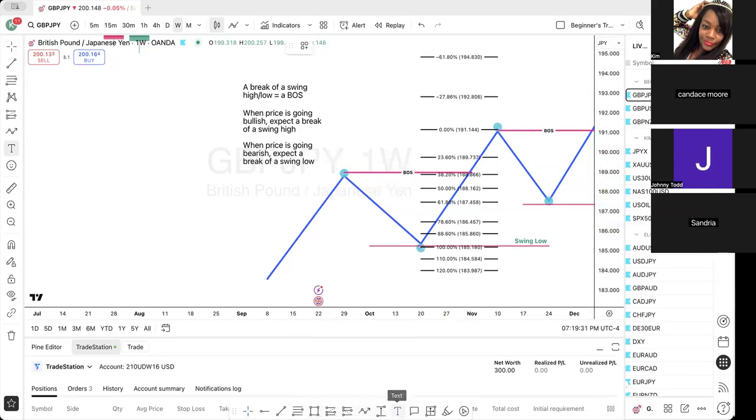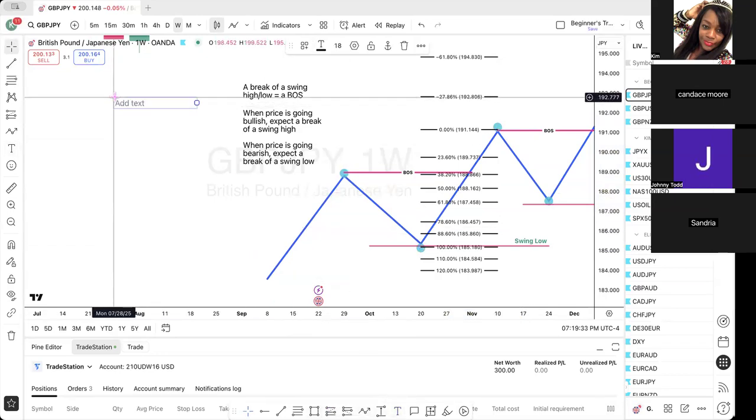let me write this. If you're bullish, once you get a break, and I usually just say BOS, a break of structure, look for price to pull back to a discount area.